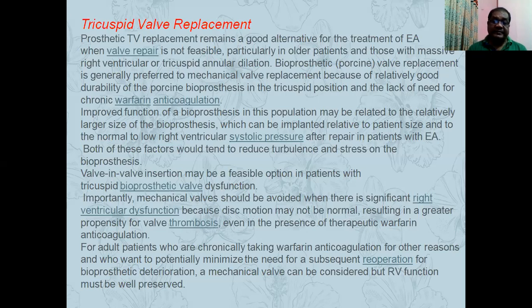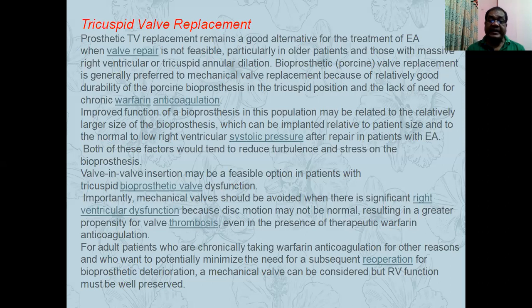Both of these factors would tend to reduce turbulence and stress on the bioprosthesis. Valve-in-valve insertion may be a feasible option in patients with tricuspid bioprosthetic valve dysfunction. So, if there is bioprosthetic dysfunction, we can dilate the valve or put a valve in valve by transcatheter route.